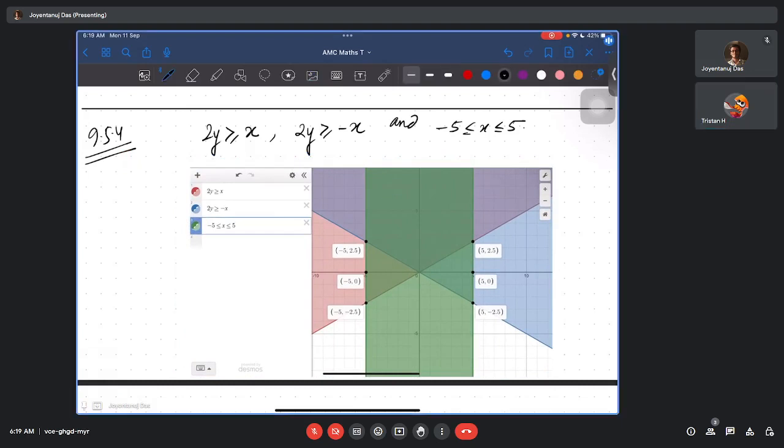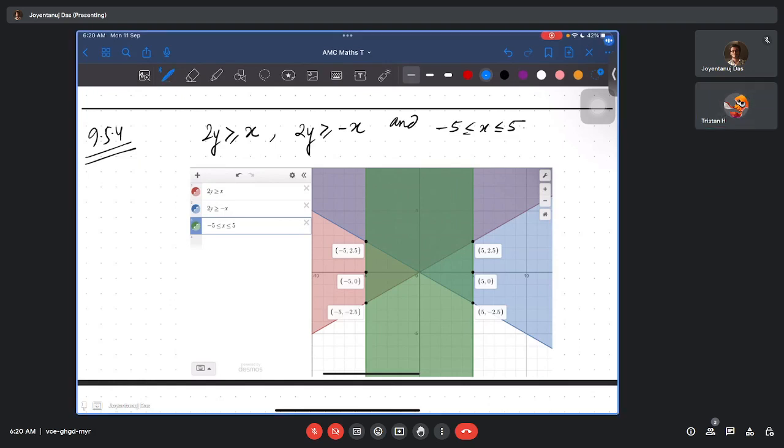Okay, so then part B is, does x minus y have a minimum value or a maximum value in the region? Yes. So what is our region? The region is infinite, isn't it?